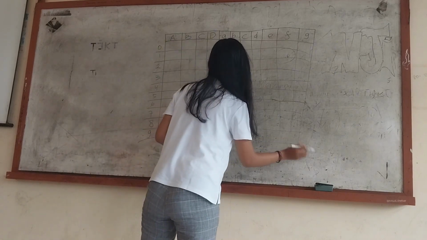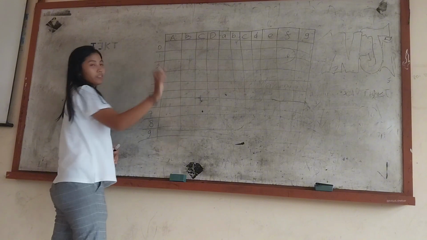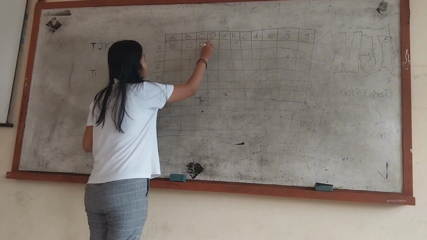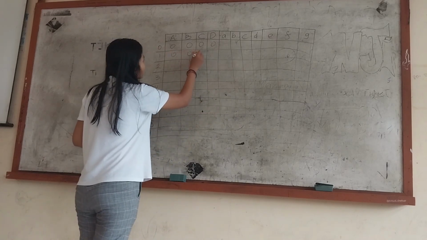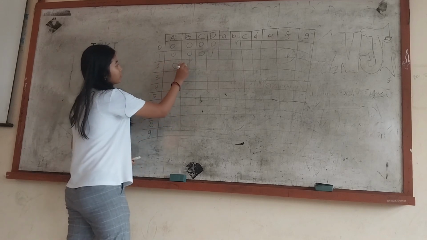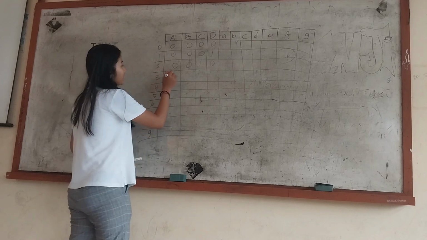So in here, the input, the binary code of 0 is 0, 0, 0, 0. Binary code of 1 is 0, 0, 0, 1. Binary code of 2 is 0, 0, 1, 0. Binary code of 3 is 0, 0, 1, 1.